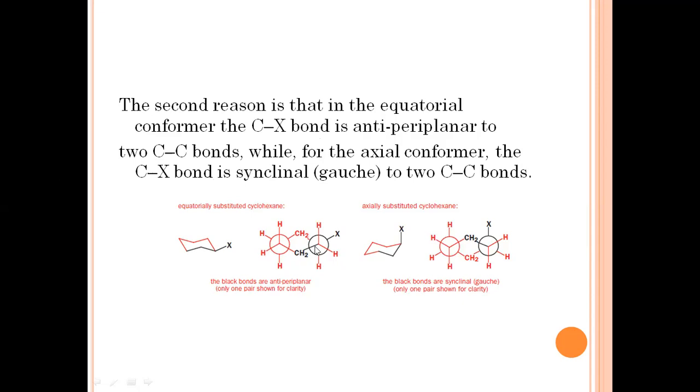See here, the lateral carbon is going to form the bond with the front carbon atom. So all these bonds at the equatorial position, shown in black color, are the anti-periplanar bonds. And in the case of the axial position, the black bonds shown here are the synclinal or the gauche bonds. So here only one pair of bonds is synclinal, and here two pairs of bonds are in anti-periplanar positions.